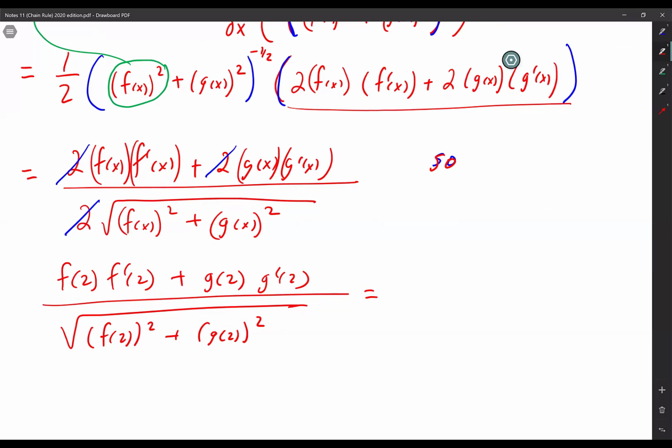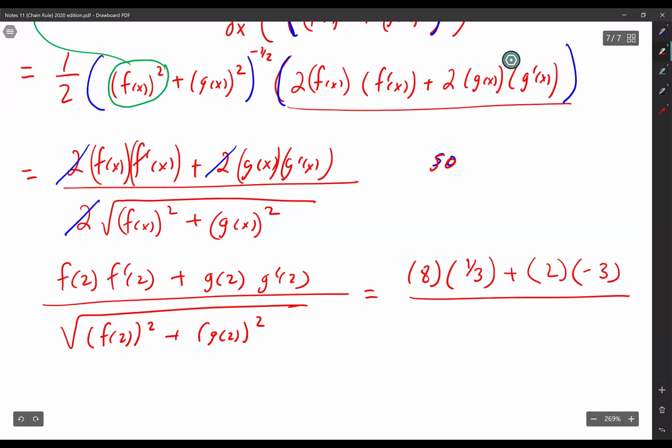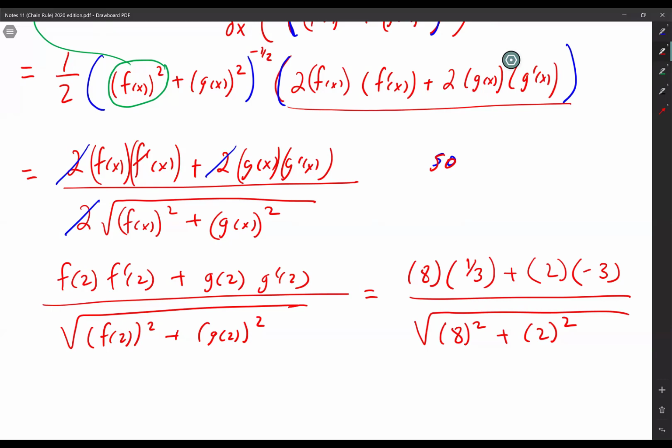Someone hook me up with those numbers. What's f of 2? 8. What's f prime of 2? 1/3 plus, what's g of 2? What's g prime of 2? All over, what's f of 2 again? Was it 8? And then you said 2 squared for g of 2? It's that, whatever that is.